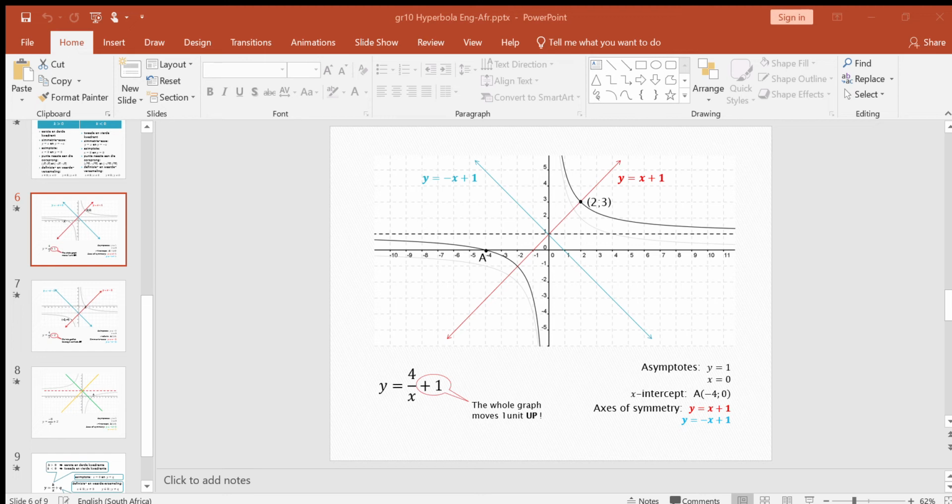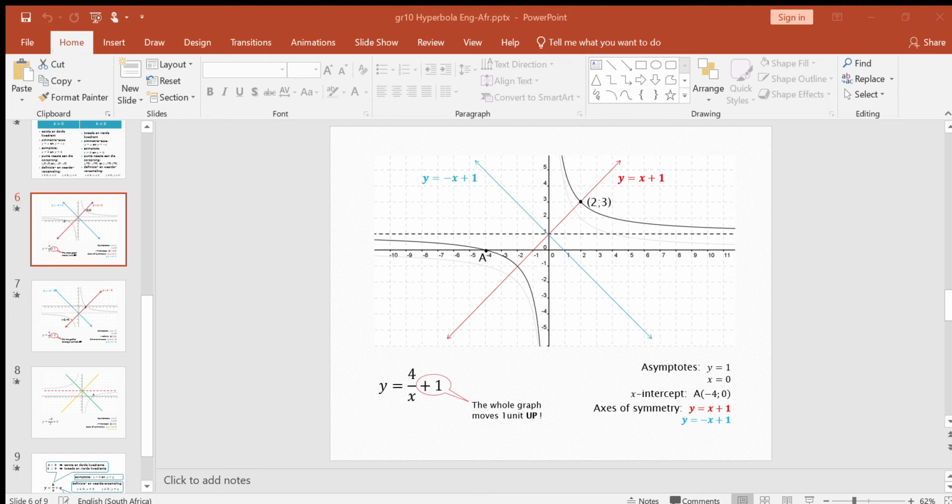Nee. Over there you see that A cuts through the x-axis. Hoe gaan ek daai punt gaan kry? Ek gaan maak vir A 0. Nee, dis dieselfde reël by almal dwarsteer. Okay. The x-intercept will then be at A, where x is minus 4 and y is 0.